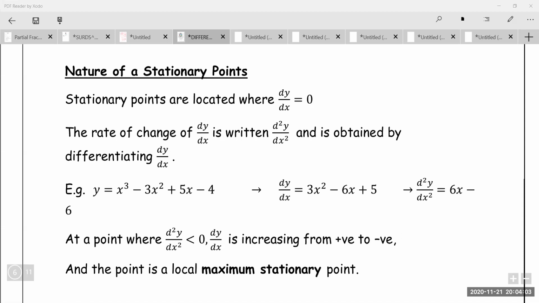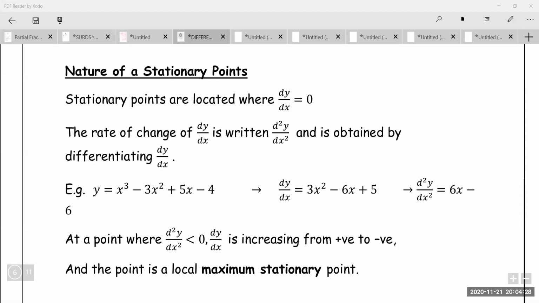So this is stationary points. What happens at a stationary point? dy by dx is 0. The gradient is 0 because we are not moving.